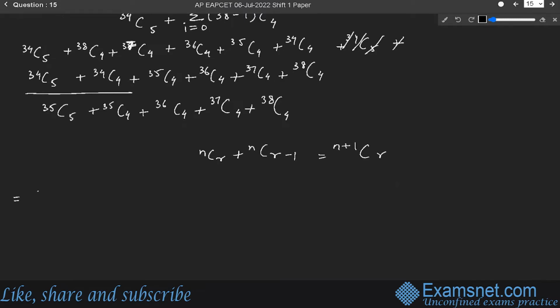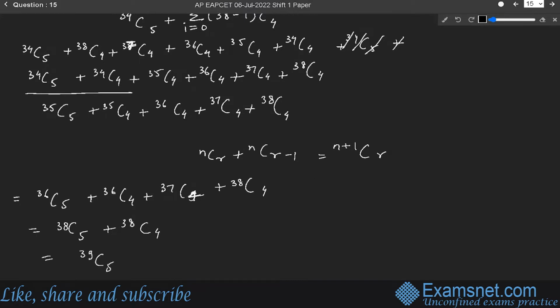So it becomes 36C5 plus 36C4 plus 37C4. See, it is 4, it is not 9. Plus 38C4. I hope up to here it is clear to you. So again it becomes 38C5 plus 38C4, which will be equal to 39C5.